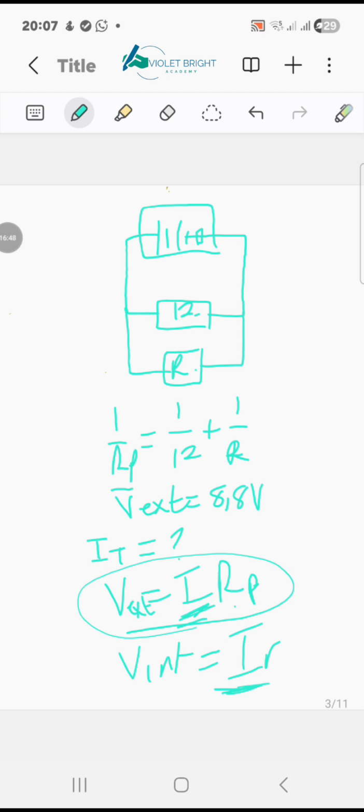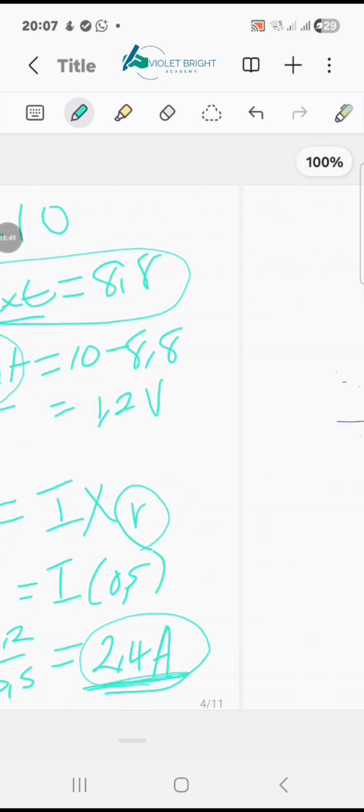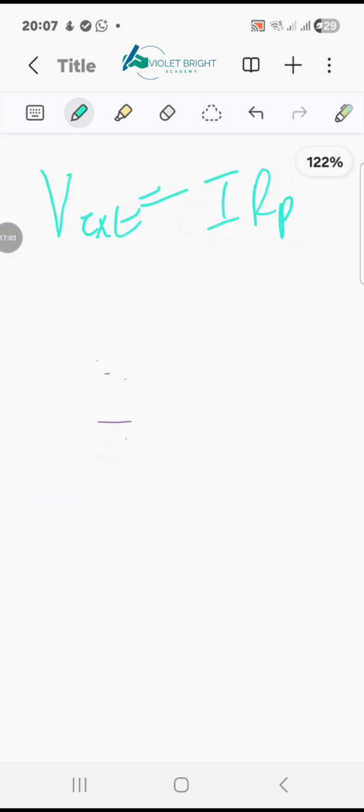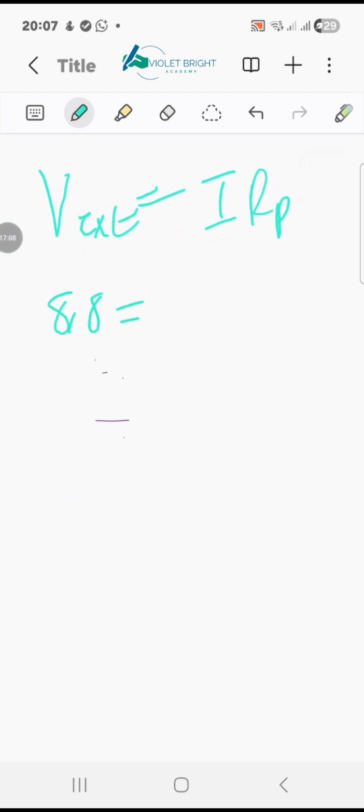So now let's continue. V external is I times R external, or R parallel. So this is 8.8 and this is 2.4 times R parallel.